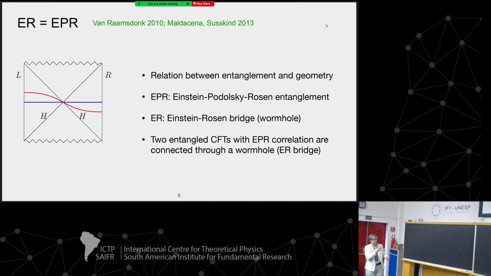So the idea is that two entangled CFTs with EPR correlation are connected through a wormhole, this Einstein-Rosen bridge. The blue line is actually a geodesic in this geometry, and the red line is one where a particular symmetry transformation has been applied, and this will play an important role further on as well.